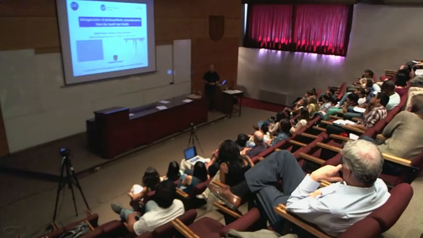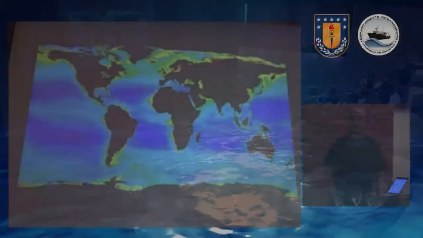I'm going to focus on one group of eukaryotes that we have been studying for quite a long time now, and I will present a metagenomic approach to study these eukaryotes. But first, let me set the picture.